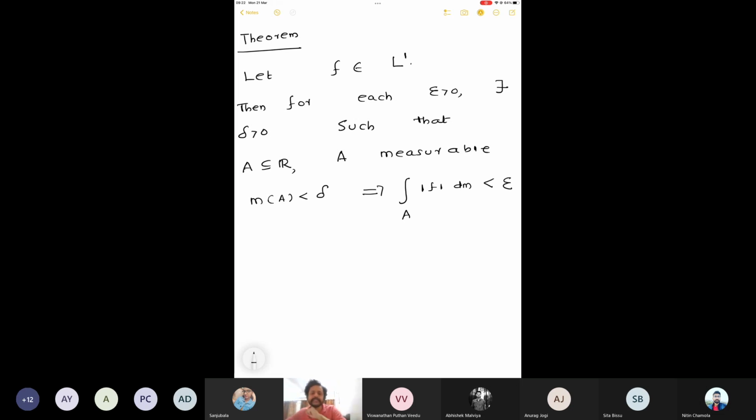Roughly, when measure of a set is small, integral over that set is also small, provided the function that you are integrating is an integrable function. f is in L1. So you can make the integral as small as you want by taking measure of the set to be small enough.